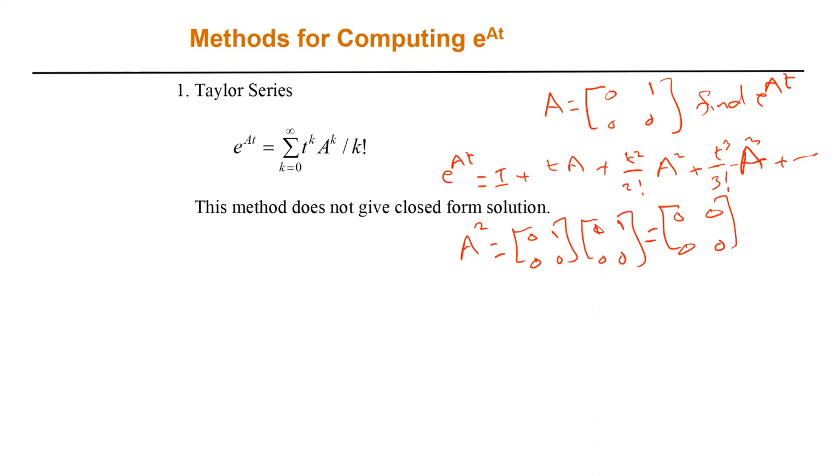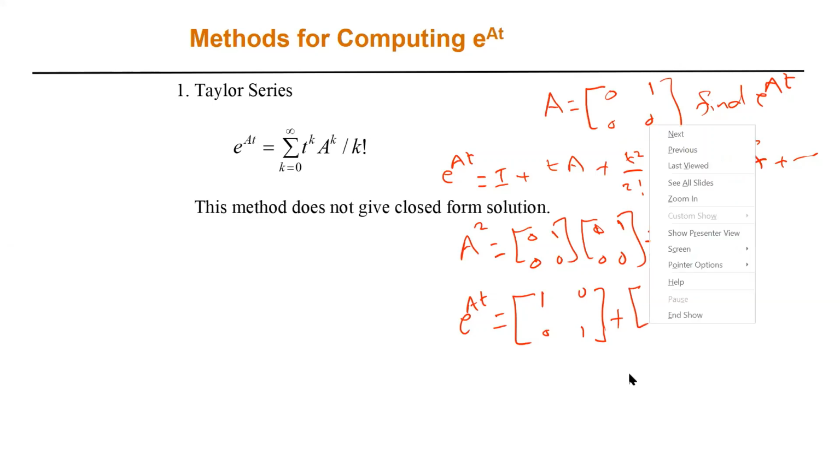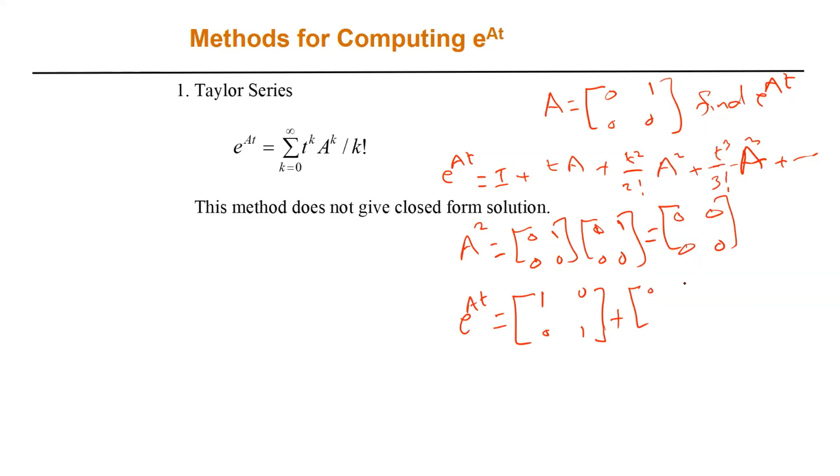It will vanish. So e to the AT for this particular matrix equals [1, 0; 0, 1] plus T times A, which is [0, T; 0, 0], which equals [1, T; 0, 1]. And this is e to the AT for this particular matrix.